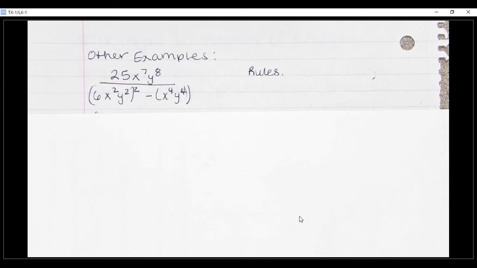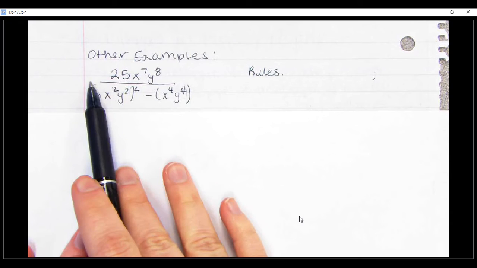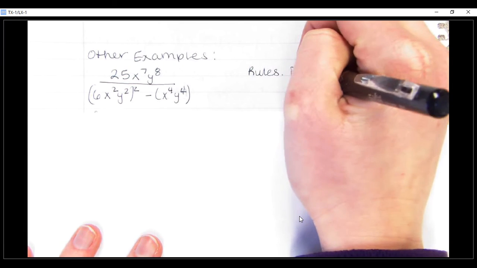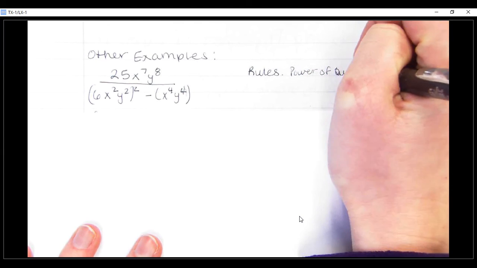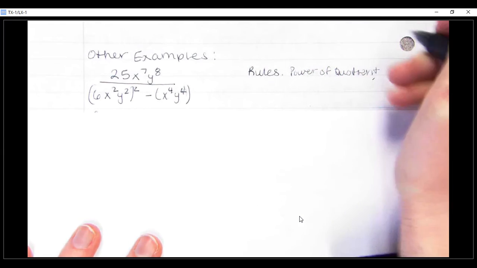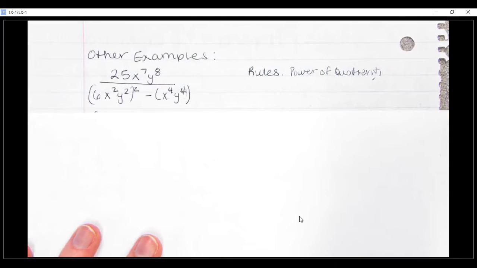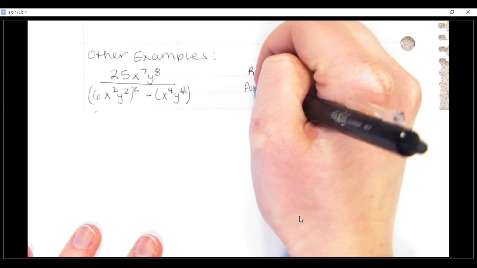Okay, so let's take a look at what rules we need. I see that I have that line to mean division, so I see power of quotient. I see that I have parentheses with an exponent on the outside, so that would be power of power.